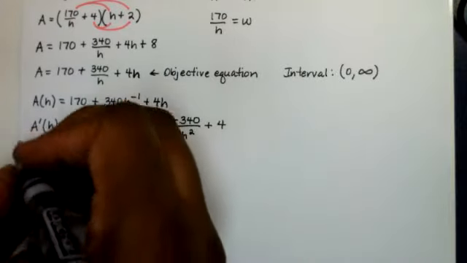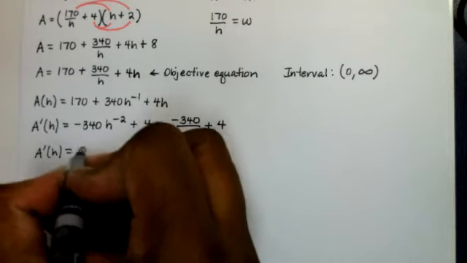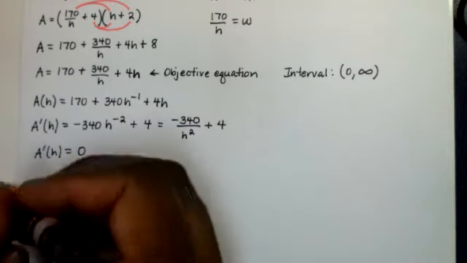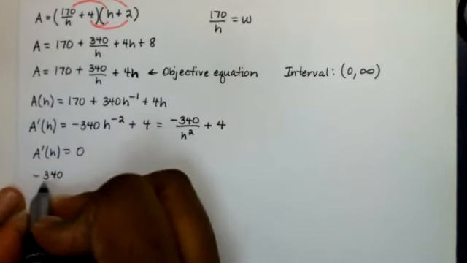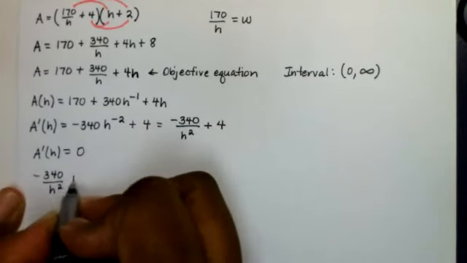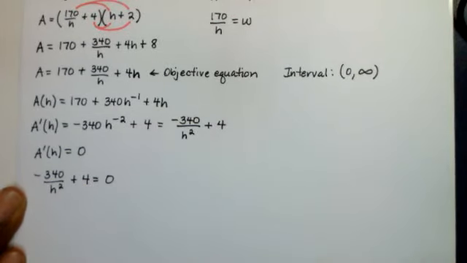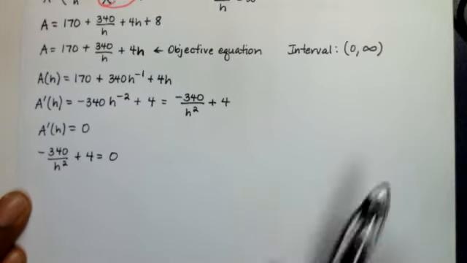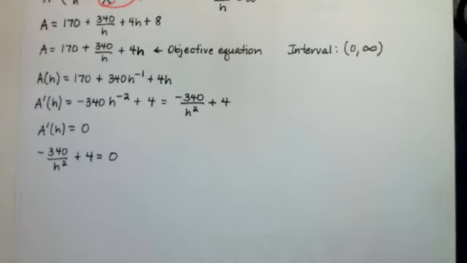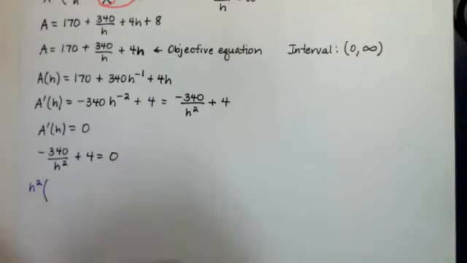Now I want A prime of H to be equal to 0. So here A prime of H will be negative 340 over H squared plus 4 equal to 0. Now I'm going to multiply both sides by H squared, since it's in the denominator.